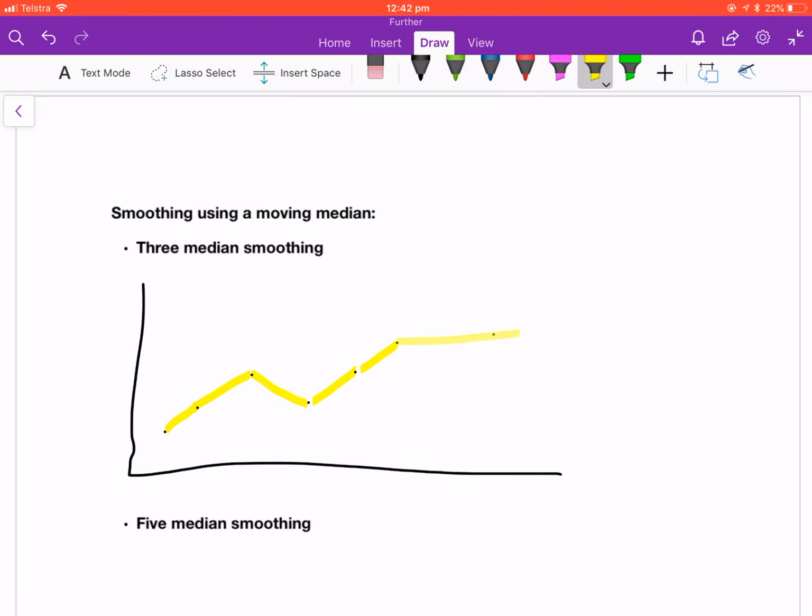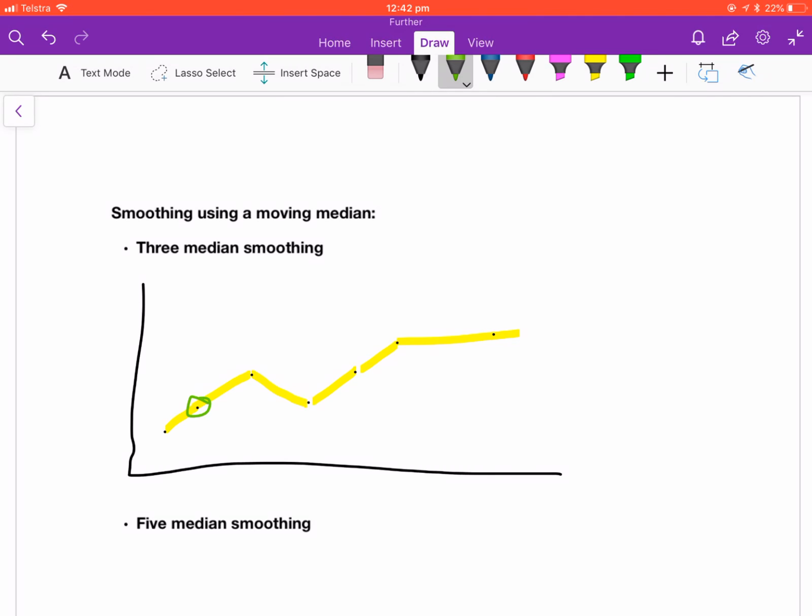Again, it's the same principle with the 3 and 5. You drop off the first and last, or with your 5 median smoothing, you drop off the first 2 and the last 2, because again, you just need 3 points, so 1 either side for 3.